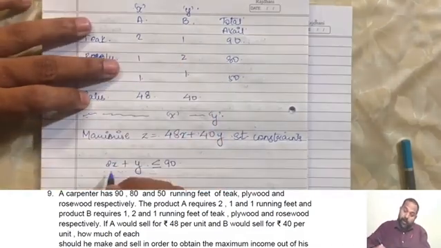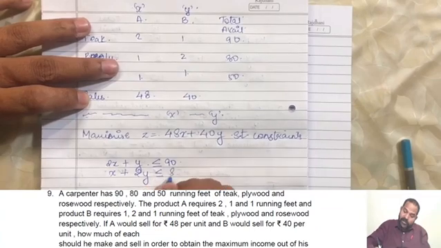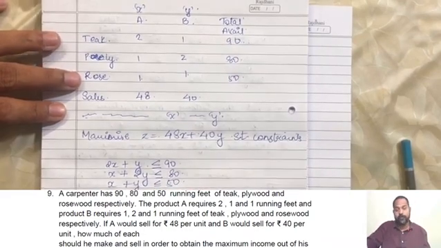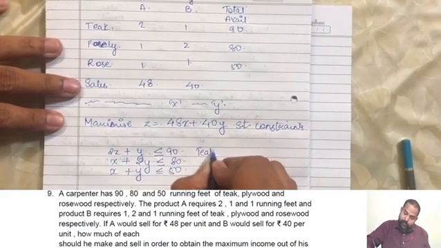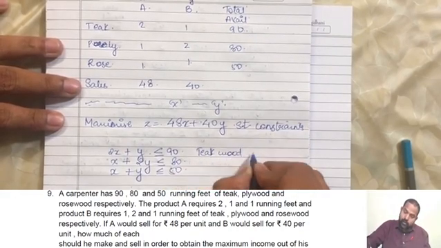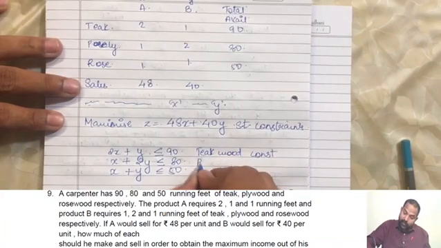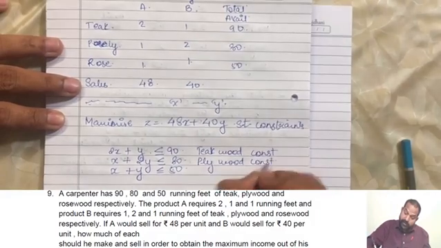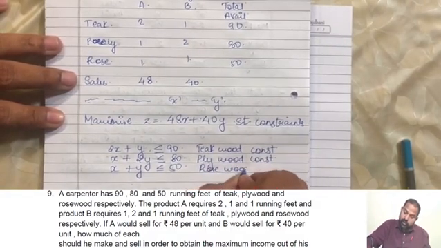Similarly, the plywood constraint will be that X plus 2Y should be less than or equal to 80. The rosewood constraint would be X plus Y is less than or equal to 50. So here I am going to write down teak wood constraint, plywood constraint, and rosewood constraint.